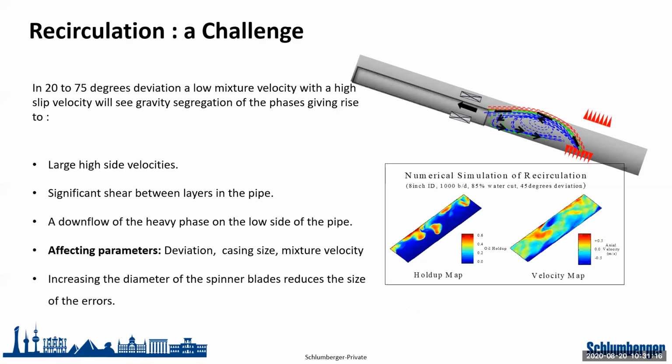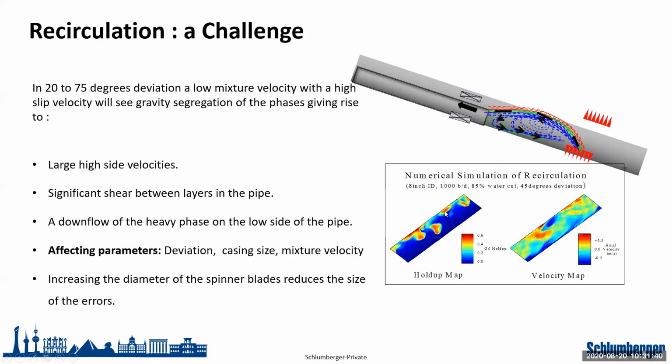Okay? We can see over here more clearly with numerical simulation. What you see over here in the hold-up map is basically oil hold-up. Oil hold-up is 0 in the blue color. And as the color becomes more hot, this is a higher oil hold-up, or this is the layer of oil basically.